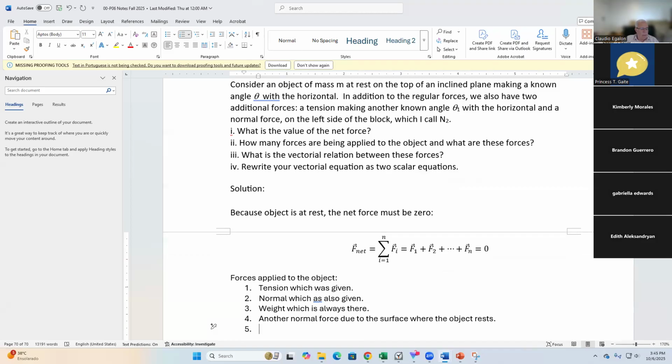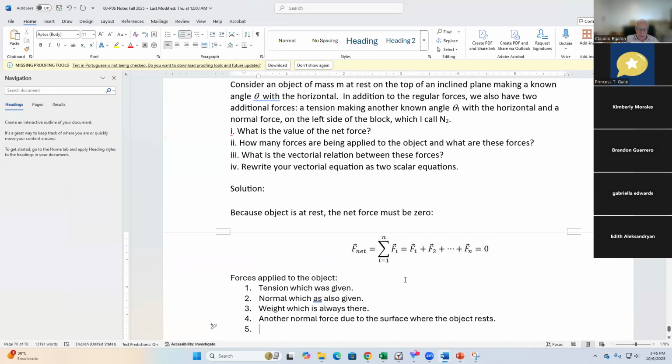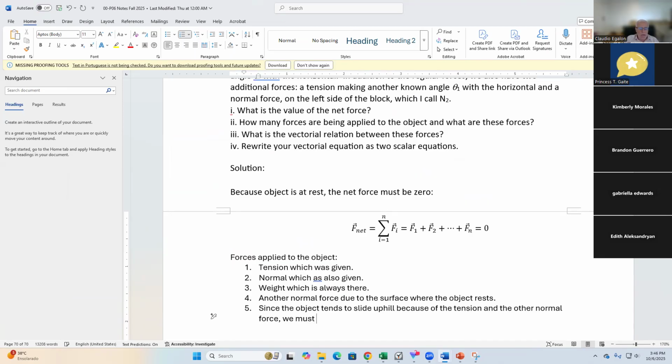And 5, right? 1, 2, 3, 4, 5. Since the object tends to slide uphill because of the tension and the other normal force, we must also have a force of static friction that goes downhill.